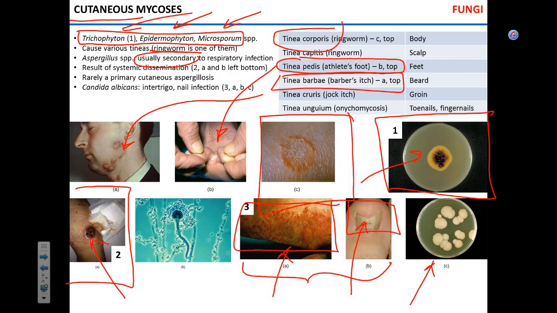When Candida albicans grows on the mucosal membranes of the throat, we call it thrush. When it grows on the mucosal membrane of the vagina, it's candidiasis or Candida vaginosis. Okay. Usually both thrush and candidiasis arise from heavy antibiotic treatment.